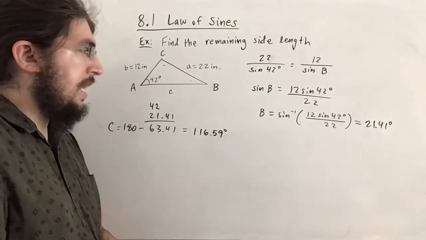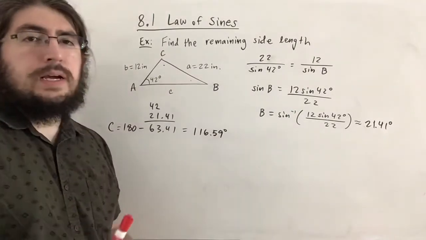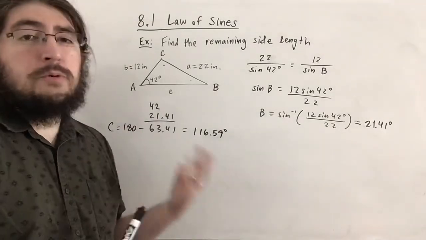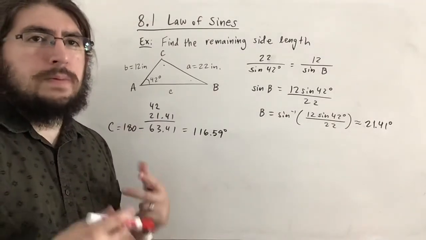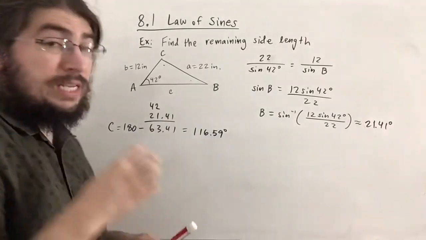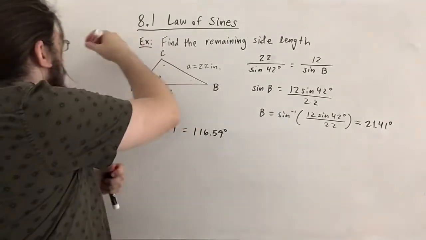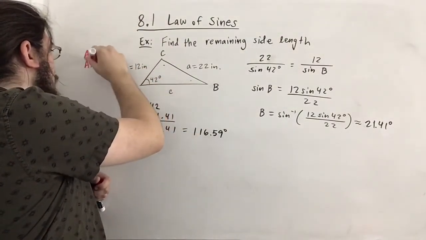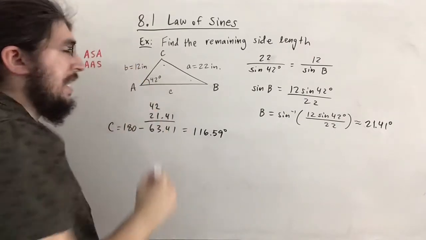And something I must say here is that we kind of got lucky because there's only one solution, but there are actually 3 different cases, and I'm going to try to describe quickly the types of triangles we have here, because there's actually 3 types. So the first 2 types are where you have an angle given. These are known as ASA and AAS.